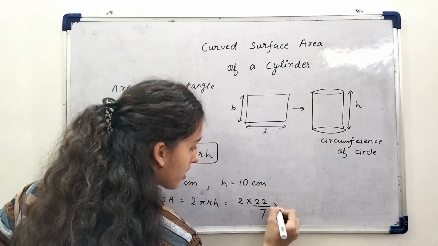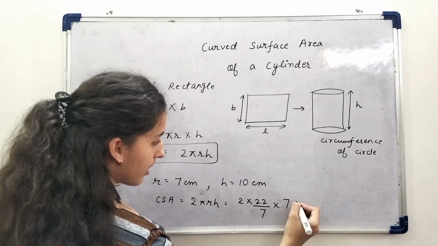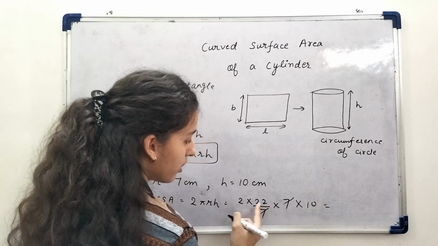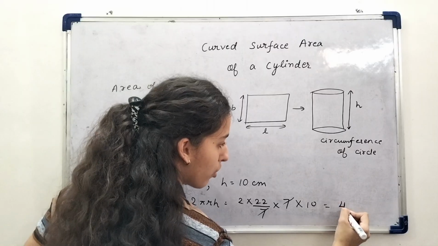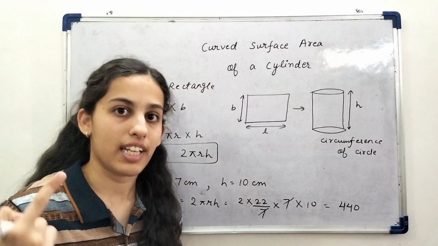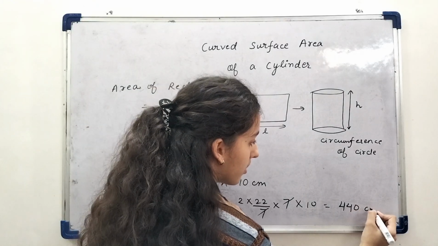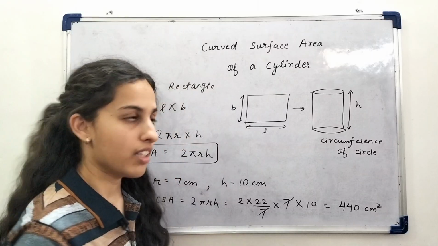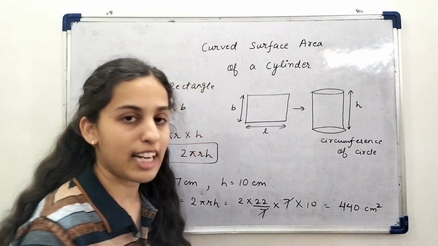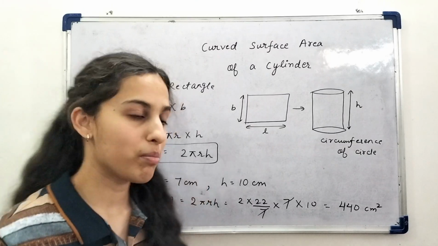So 22 upon 7 multiplied by r, that is 7, and h, that is 10. Now to calculate, 22 into 2 is 44, and 44 into 10 is 440. And we have calculated its area. Whenever we calculate the area of something, the unit is centimeter square. If meter is given, then meter square, and here centimeter square. So I hope this question solves many of your problems.